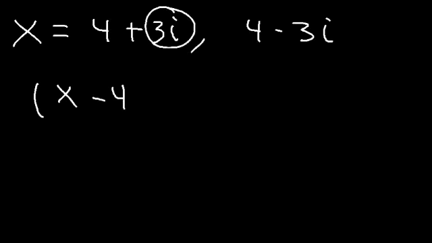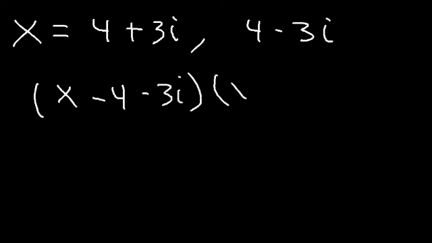And then change the sign of plus 3i, it's going to be minus 3i. Do the same thing for the other side. So we have a positive 4, change it to negative 4. Negative 3i, change it to positive 3i. And so now we need to FOIL. So there's an easy way and there's a long way. We're going to do it the long way first, and then we'll do it the easy way. So you'll see why it works. Here we have three terms.